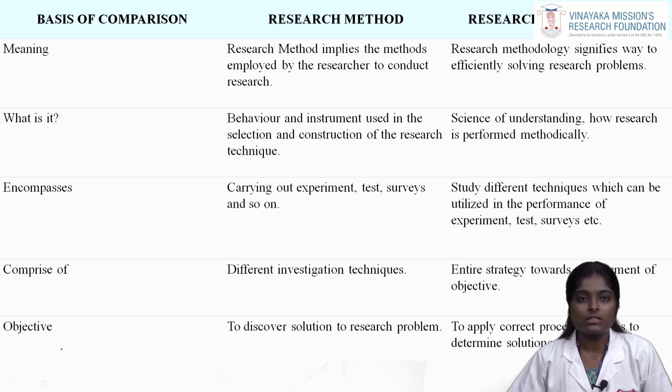Research method is a behavior and instrument used for the selection and construction of a research technique, and research methodology is the science of understanding how research is performed methodologically. Research method is carrying out experiment, test, survey, while research methodology studies different techniques which can be utilized in the performance of experiment, test, survey and so on. So research method is the outline. Research methodology is the scientific way we attain that method.